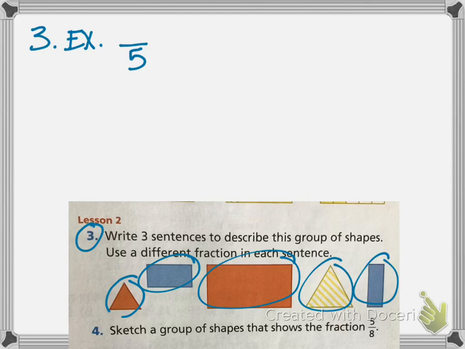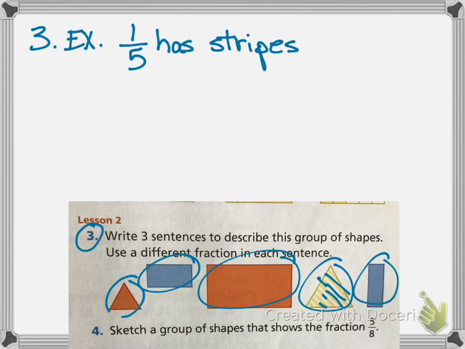And now I have to pick a characteristic. So I'm going to pick stripes, okay? So only one of these has colored stripes in it. So I'm going to say 1 out of 5 has stripes, okay? That's my sentence. That's a fraction sentence. So I picked out a characteristic. I made sure I had my numerator on top, my denominator on the bottom, and then I said what I was looking at.